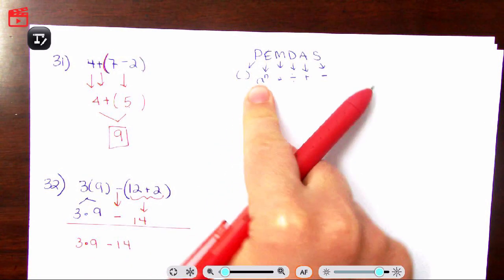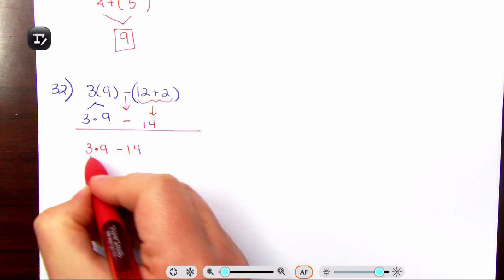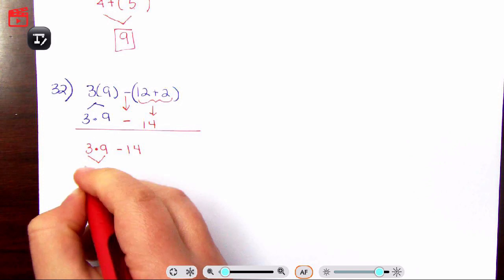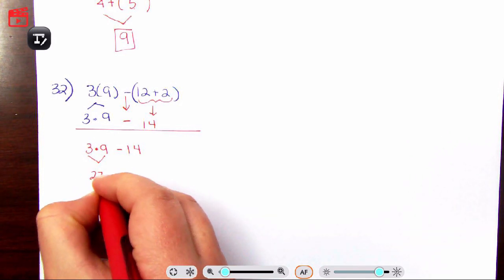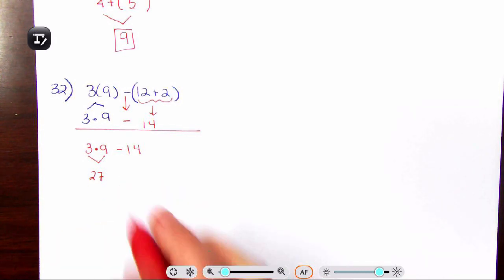Do I have an exponent? No. Do I have multiplication? Yes. What is my multiplication? 3 times 9. What is 3 times 9? I believe it is 27.